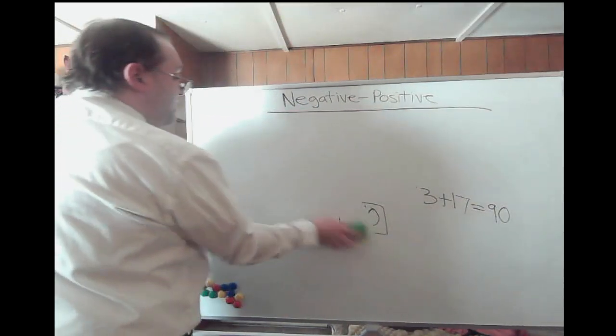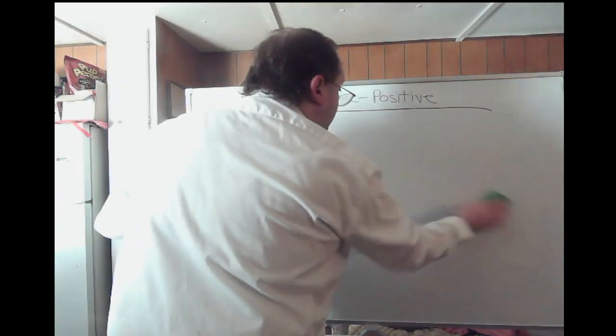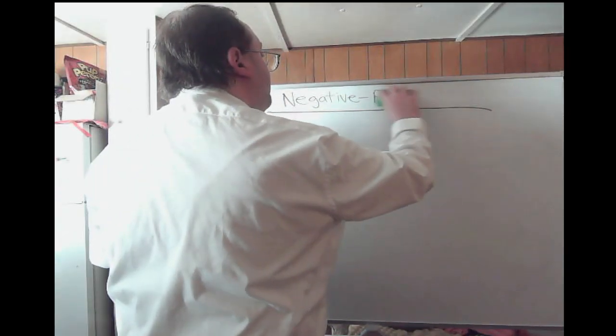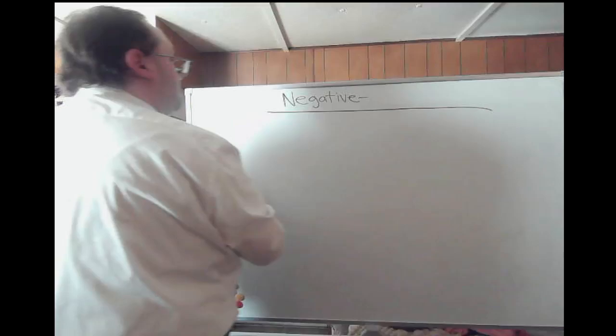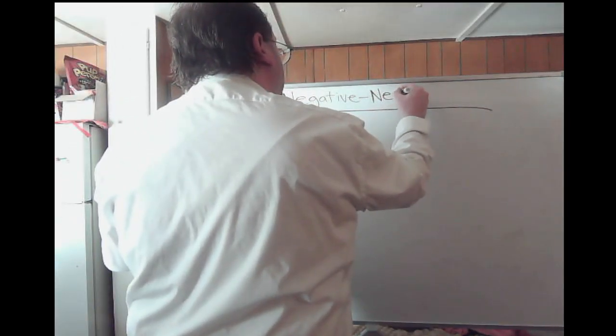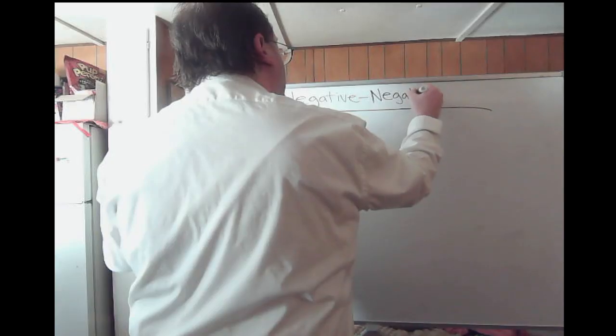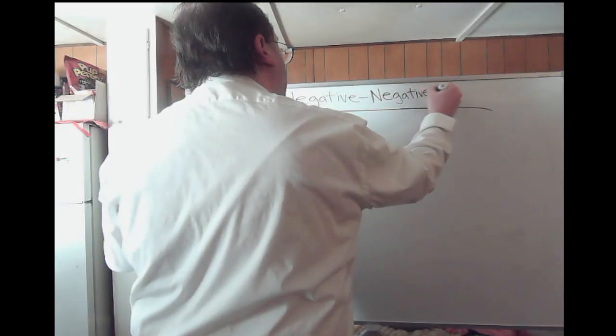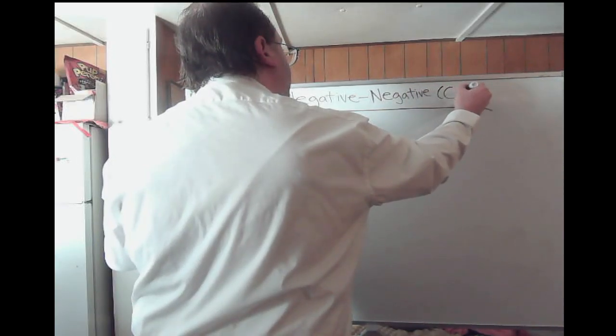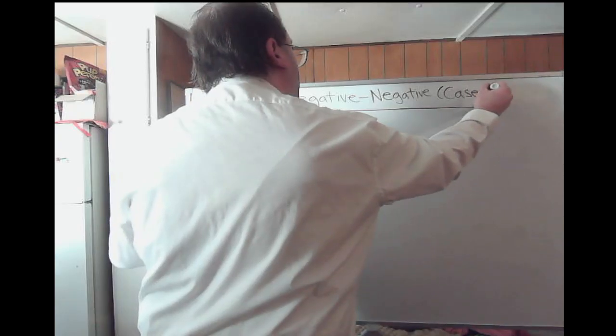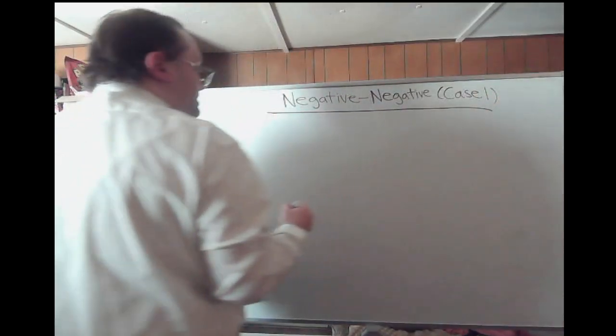And of course, I would be remiss if I didn't do negative minus negative. We have a negative minus a negative. Case 1. You'll see in a minute why we have two different cases.